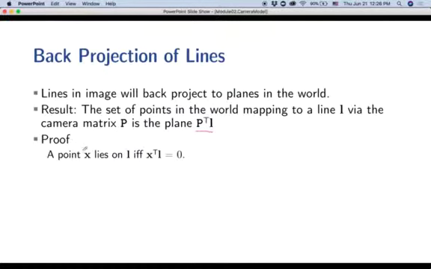Here's the proof. A point x in the image lies on the line L in the image if and only if x transpose L is equal to 0, right? Agreed.